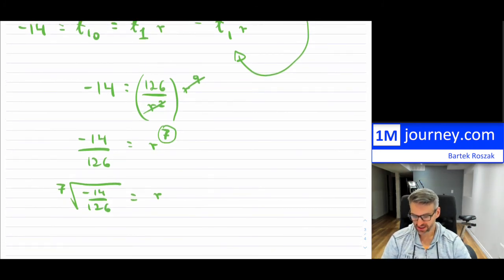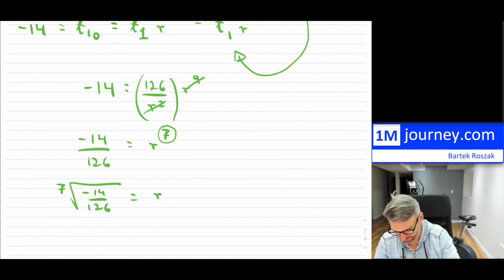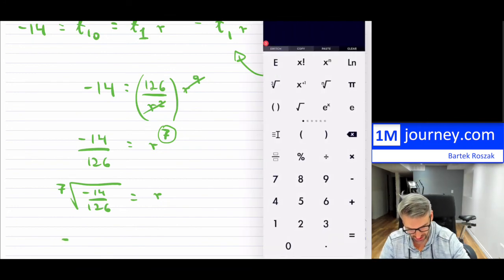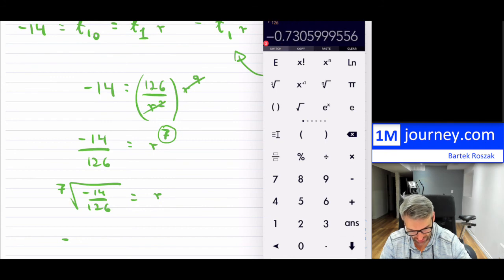It's going to be some negative number, so we're going to have a negative within here. Let's see what that gives us. We take the 7th root of negative 14 over 126. It's some ugly number.